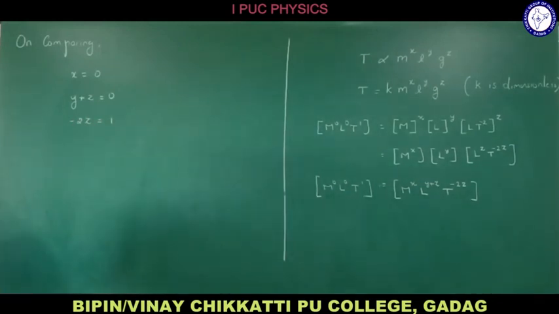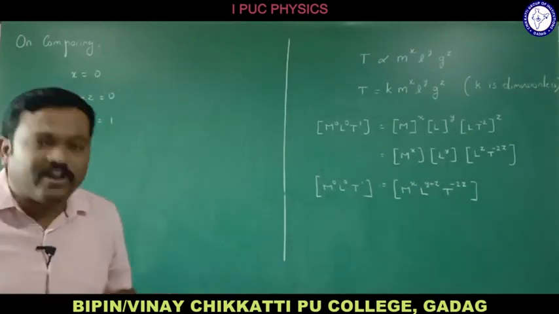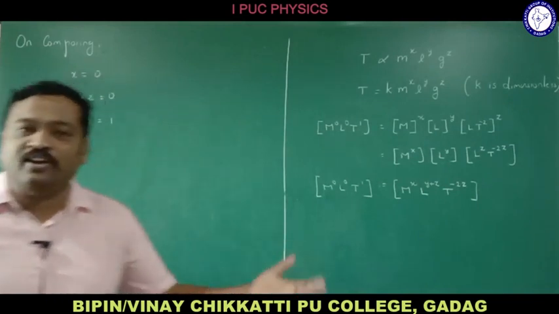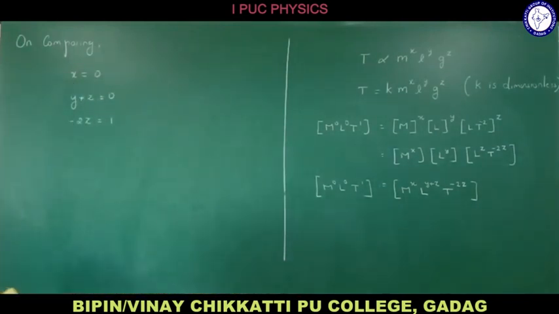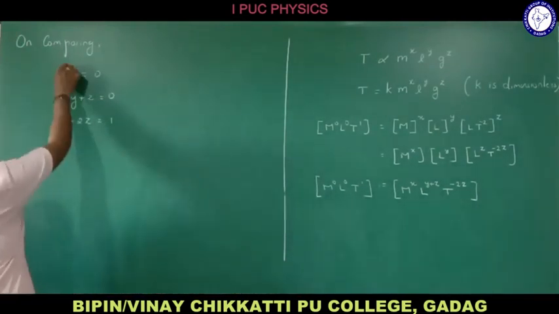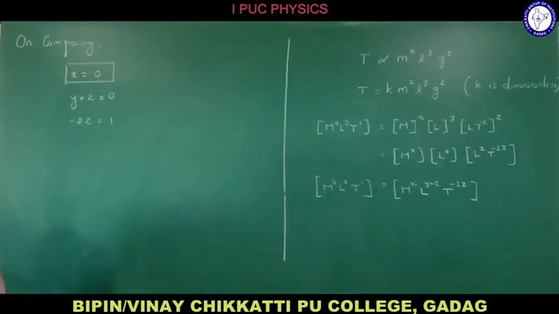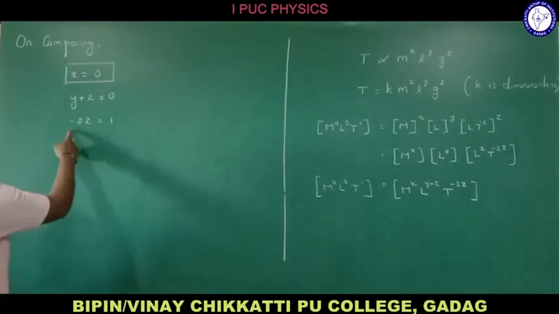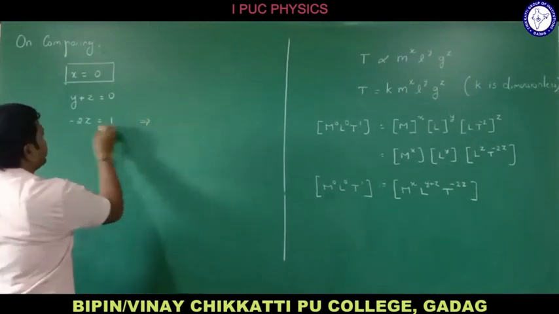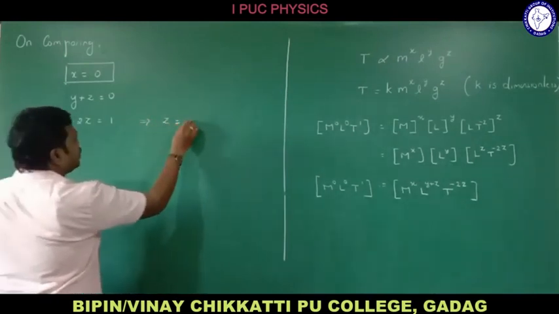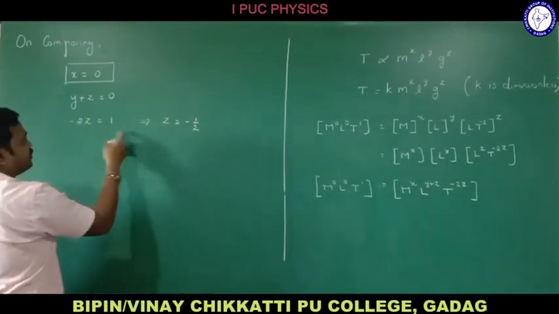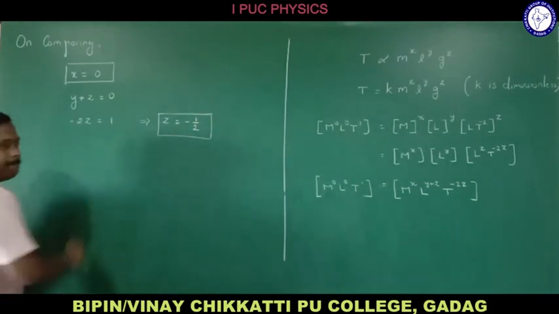Okay, from these equations, let me find what is the value of x, what is the value of y and what is the value of z now here, right? From this equation, we get directly some values, that is x equal to 0, right? Then from here, that implies z is equal to minus 1 divided by 2. So we get z equal to minus 1 by 2.